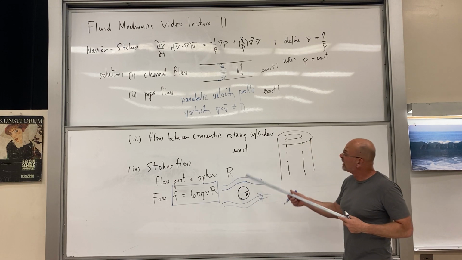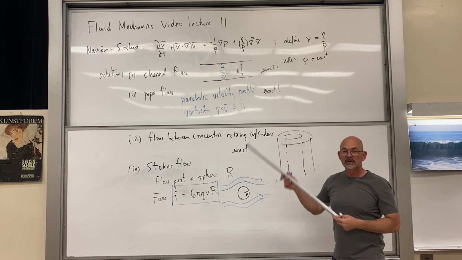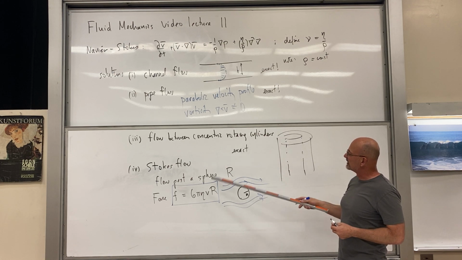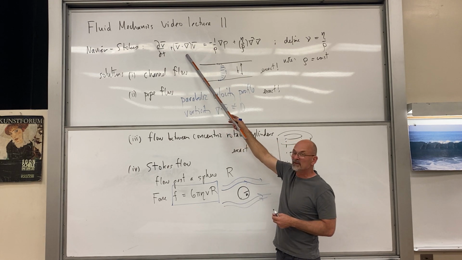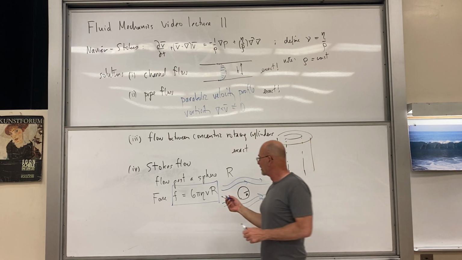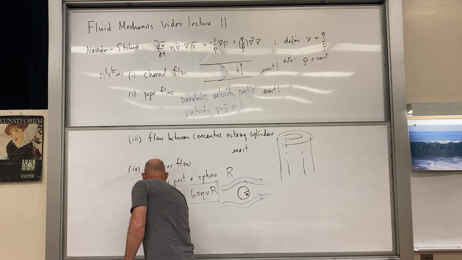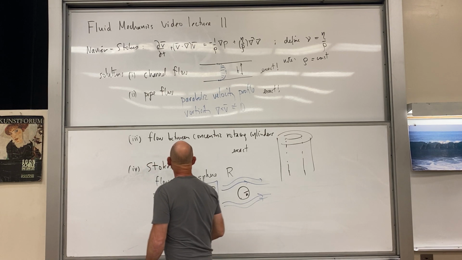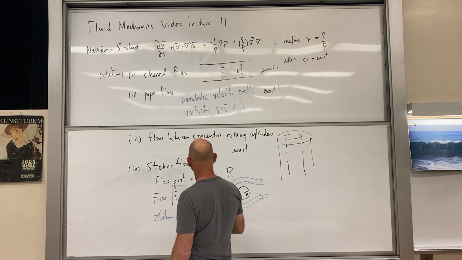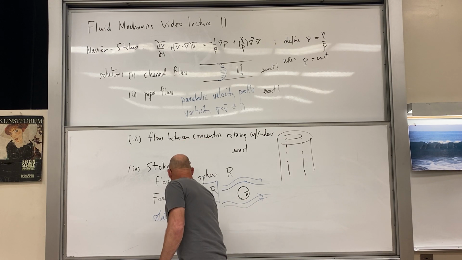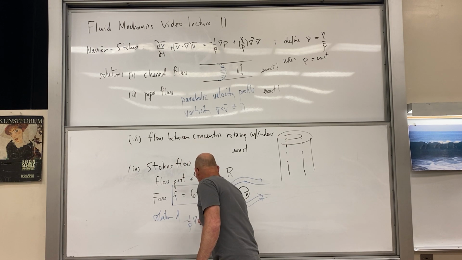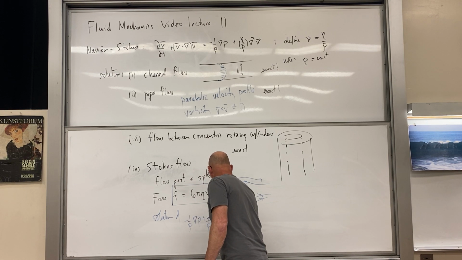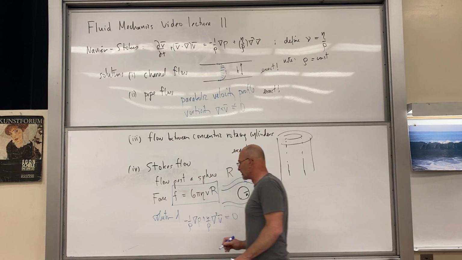Is the Stokes flow an exact solution? It is not, because it's solved under the assumption that the speeds are slow and you can drop this quadratic term. So it's a solution of minus 1 over rho gradient P plus eta over rho del squared V equals 0.